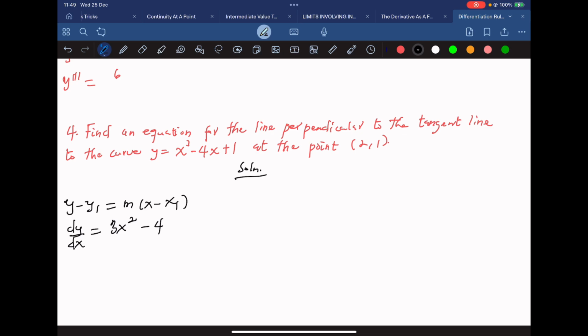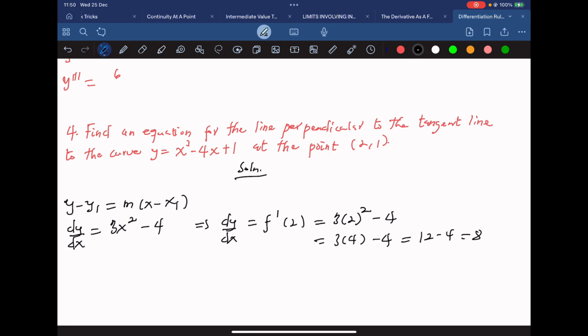But to find the value, we have to replace x with 2, right? dy/dx is the same as f prime, right? So f prime of 2 is 3 times 2 squared minus 4, which is 3 times 4 minus 4, which is 12 minus 4, equal to 8.